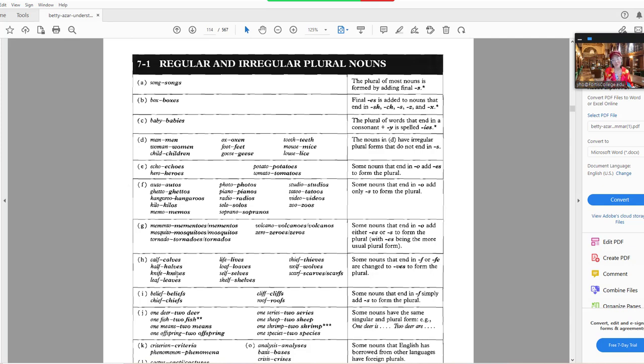In other words, it follows the rule that if it ends in F, it's VES, not like O, where some end in ES and some have an S. So calf becomes calves, half becomes halves, knife becomes knives, leaf becomes leaves, life becomes lives, loaf, loaves, self, selves, shelf, shelves, thief, thieves, wolf, wolves, scarf, scarves. And then if it ends in IEF, it becomes beliefs and chiefs and cliffs and roofs.